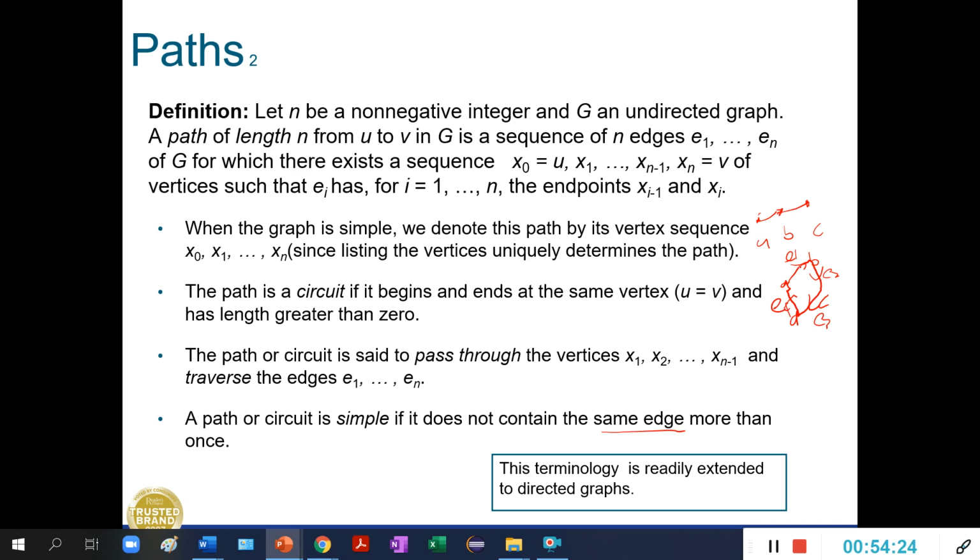A to B only one time, B to C only one time, E2, C to D only one time, E3, and D to A only one time, E4. It does not contain the same edge more than once. This terminology is also true for directed graphs. Undirected and directed graphs basically have a similar meaning. You have a simple path, you have a circuit, and so on.